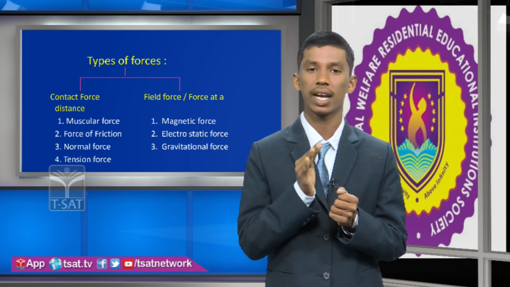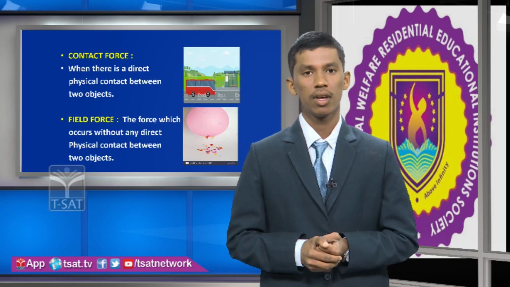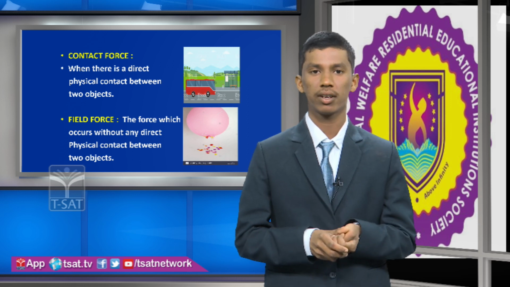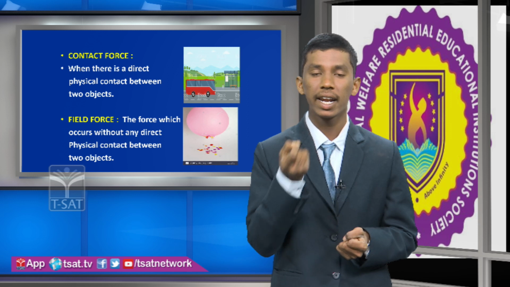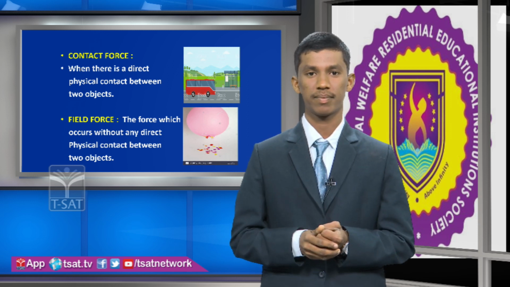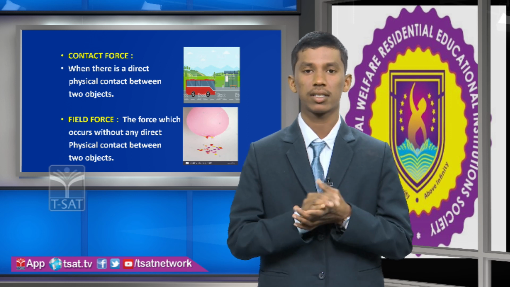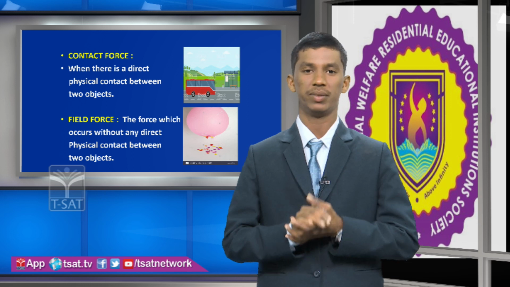For example, vehicles are moving on the roads. There is direct contact between tire and road. Similarly, field force is the force which occurs without any physical contact between two interacting objects.